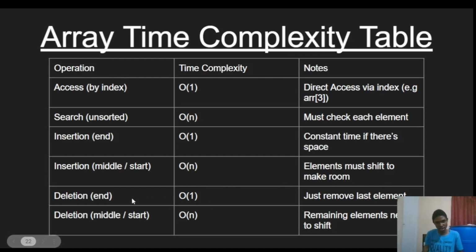Deletion at the end of our array would be O of 1 time complexity, because we're just removing the last element. Deletion in the middle or the start is O of n, because we have to shift the remaining elements.